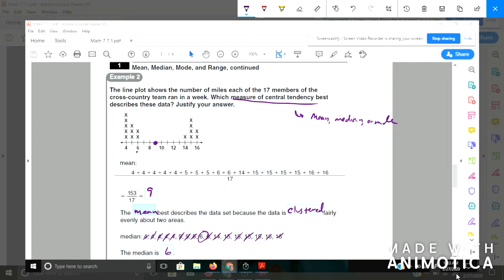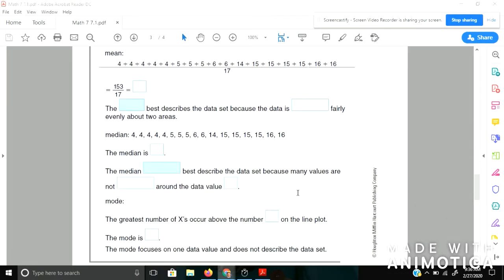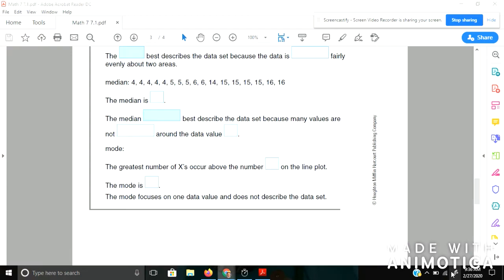If I said 6 is a good representation of this data, would you agree with me? Hopefully not, because there are 1, 2, 3, 4, 5, 6, 7 kids who ran 14 miles or more. And if I said, most of our team members ran 6 miles, I just don't think that's a very accurate statement.